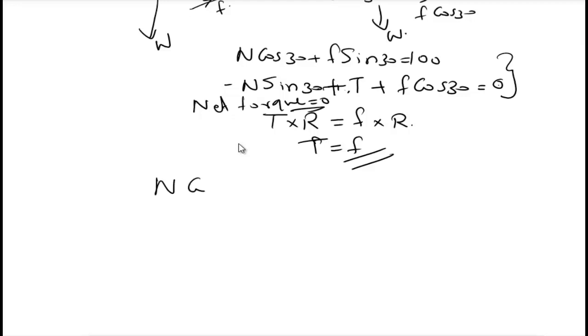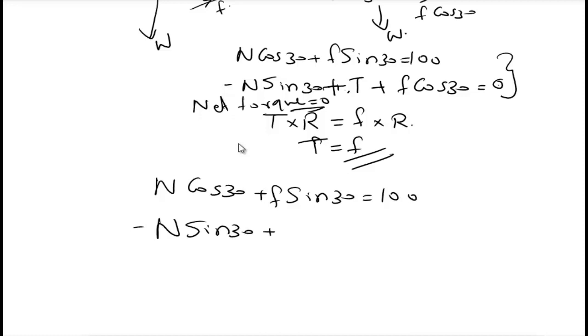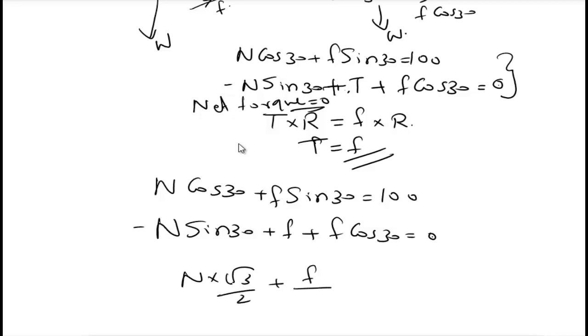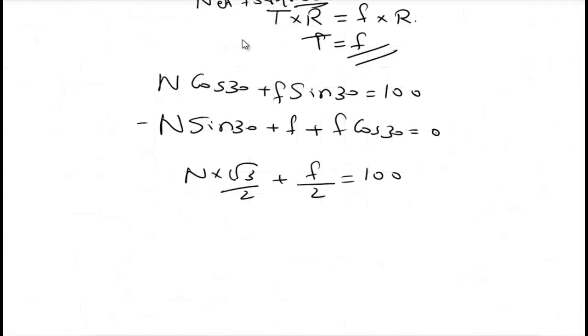So N cos 30 plus F sin 30 equals 100. Next one, minus N sin 30 plus F cos 30 equals 0. Now solving this, cos 30 is root 3 by 2 and sin 30 is 1 by 2: N root 3 by 2 plus F by 2 equals 100, and minus N by 2 plus F root 3 by 2 equals 0.